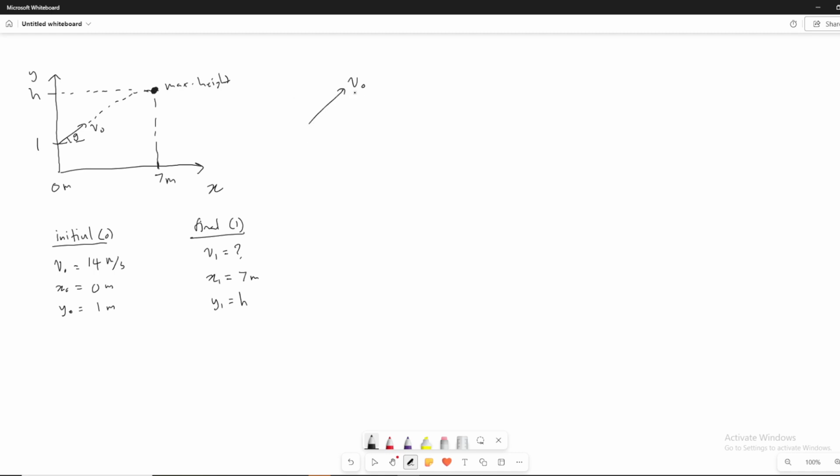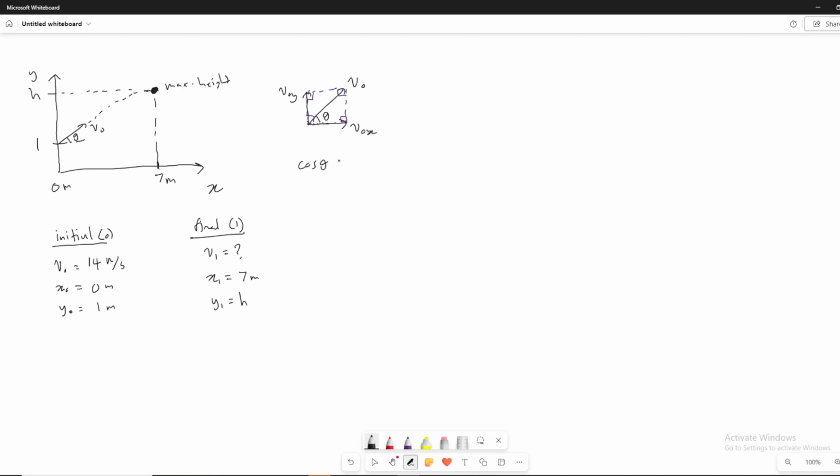From this figure, we will have a line that follows x and y, parallel with the x and y direction axes. So we have 90 degrees here. This will be V naught x, and this is V naught y, and this is theta.